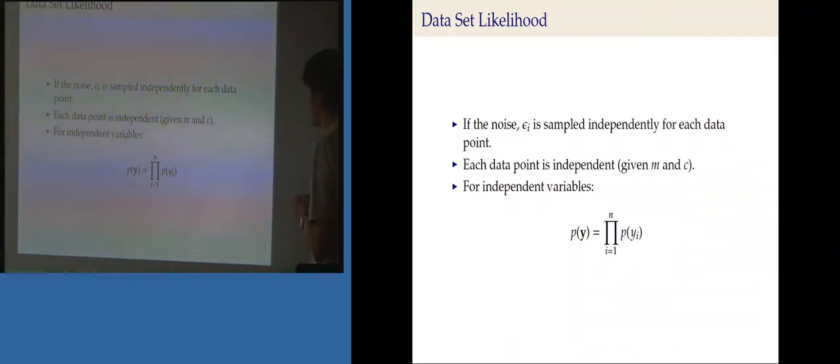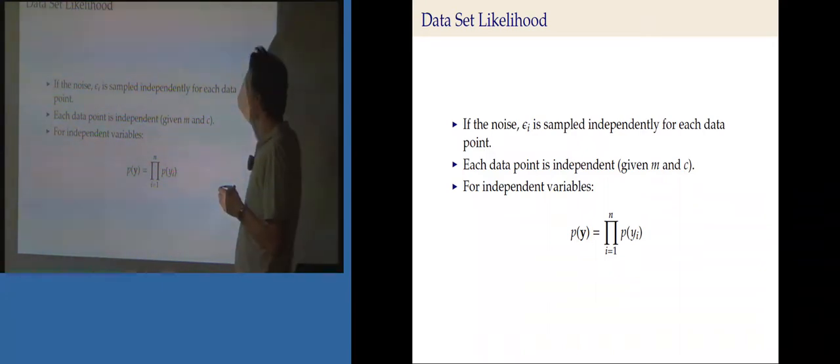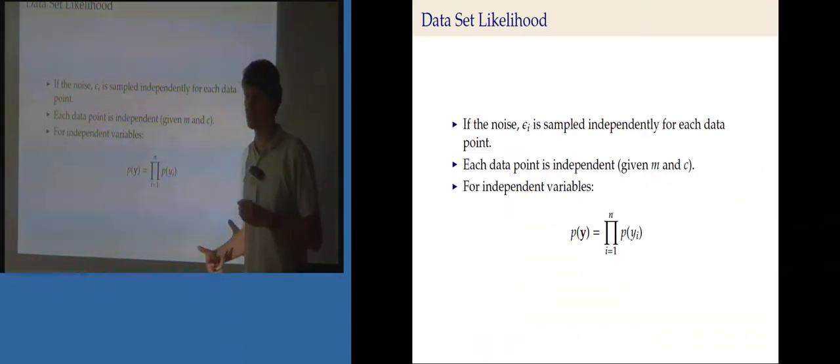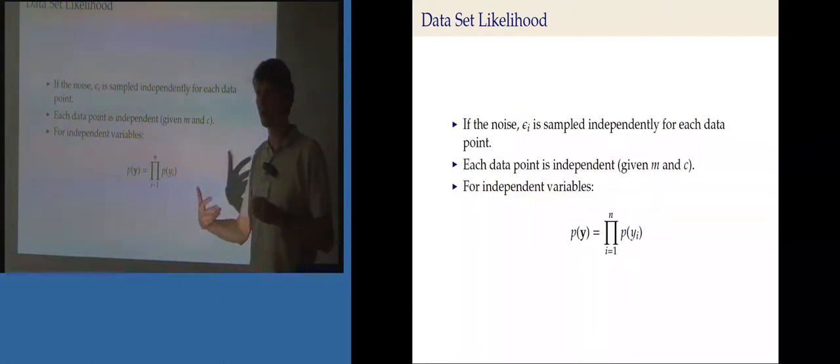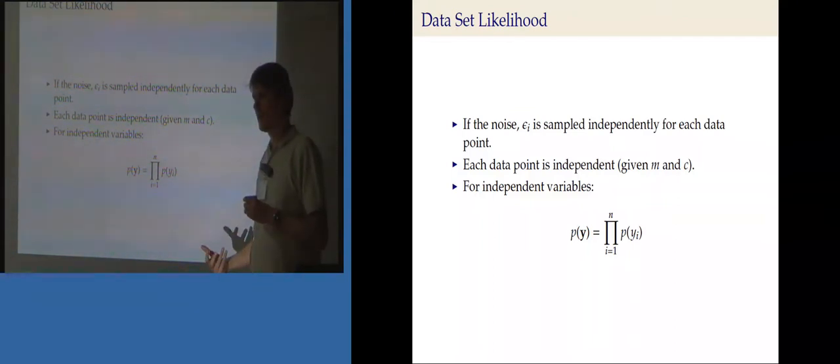People say we'll make an IID assumption. And I think what they really mean when they say that is that the noise process is independent and identically distributed. If your data was totally independent and identically distributed, you wouldn't learn anything about it. The noise is independent and identically distributed.